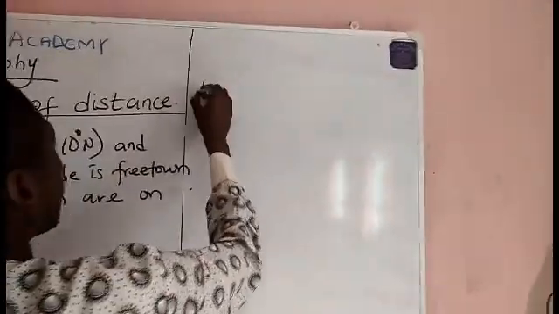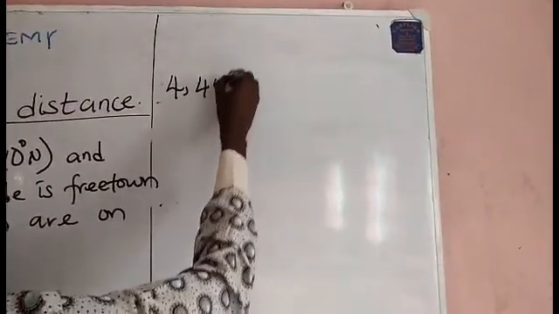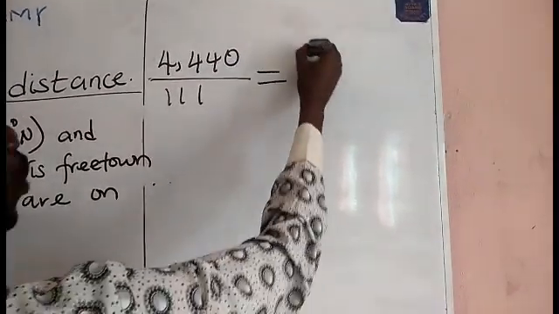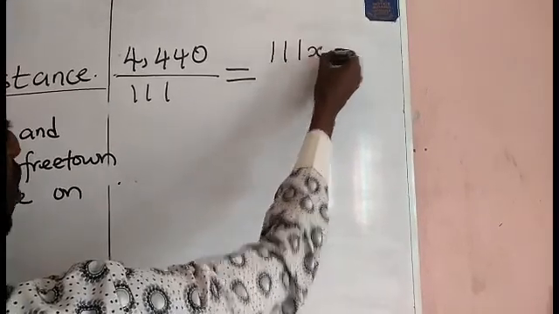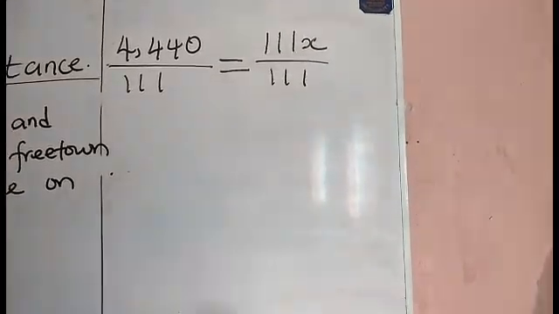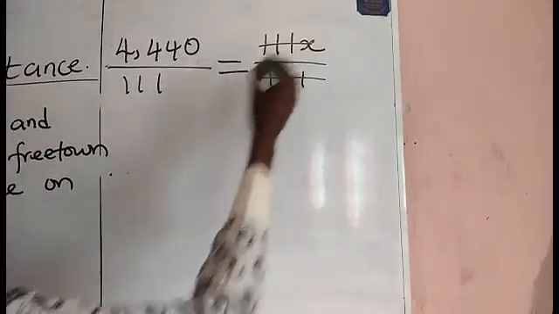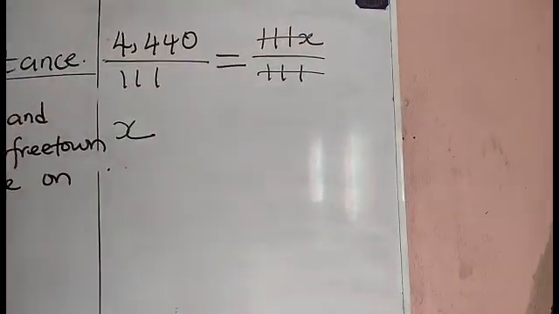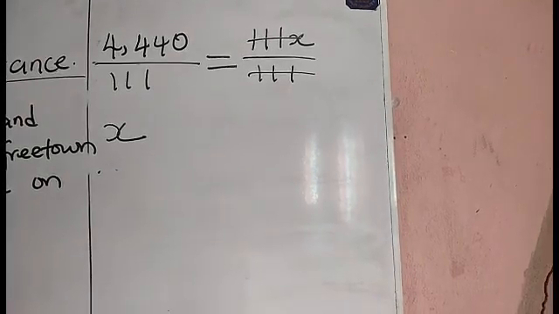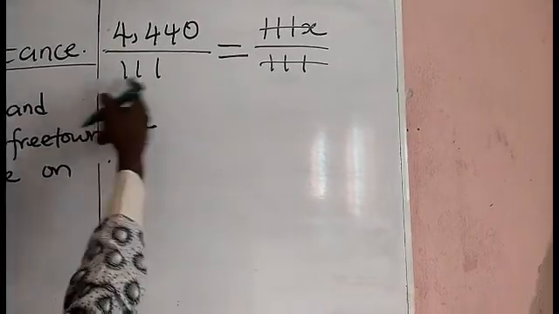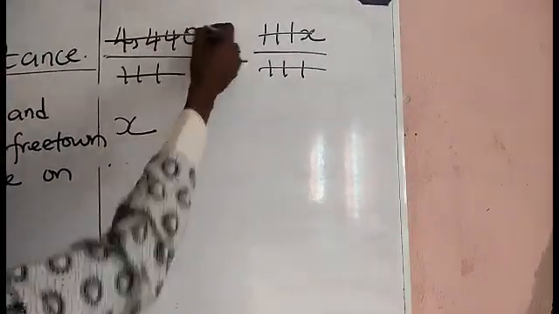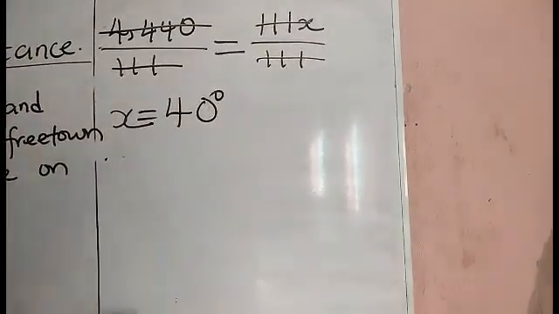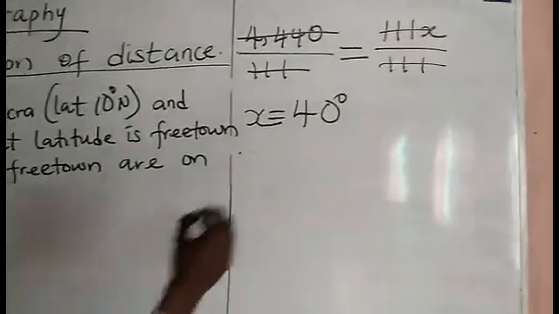So we have 4,440 all over 111 equal to 111x all over 111. So this cancels this, and we are left with our x. Are we together? So we have 111 into 4,440. Our x equals 40 degrees.